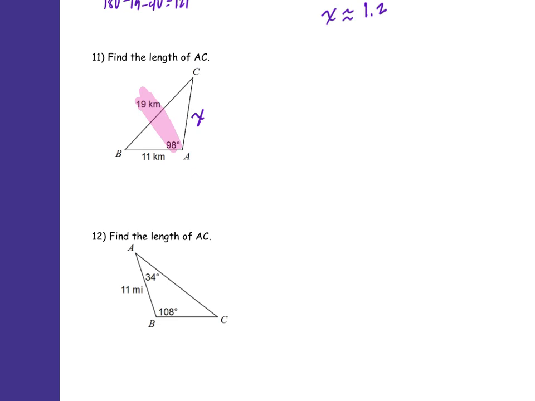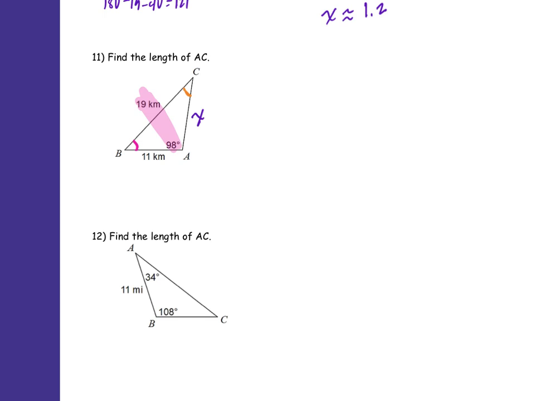But in order to find the length of AC, what do I need to know? I actually have to do quite a bit of work on this one. I need to find this angle first, and in order to find that angle, I need to find this angle. So you're going to have to find angle C first to get angle B. So you're almost going to have to solve the whole triangle to get number 11 done.